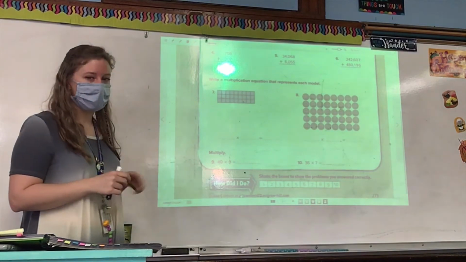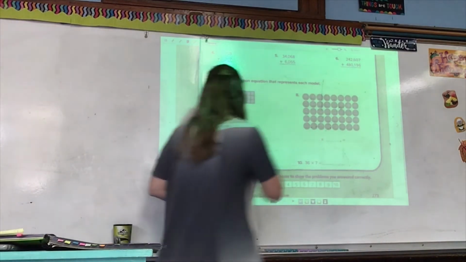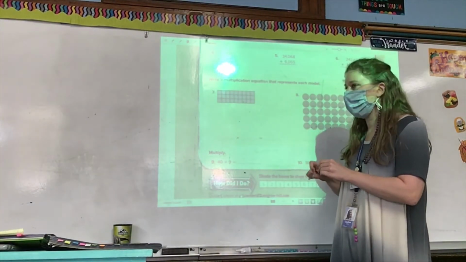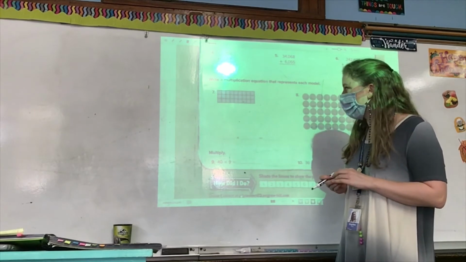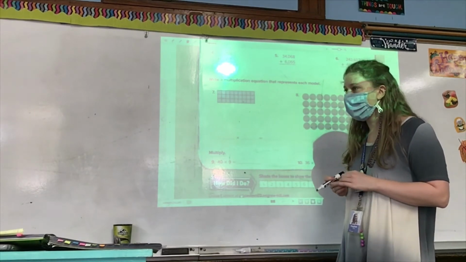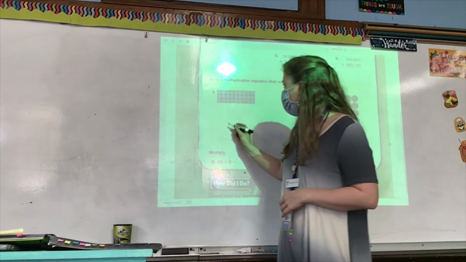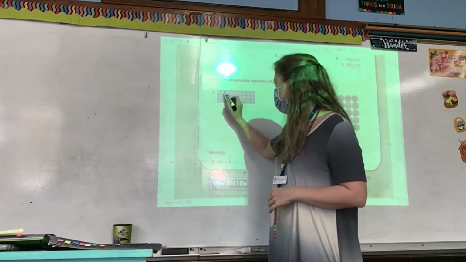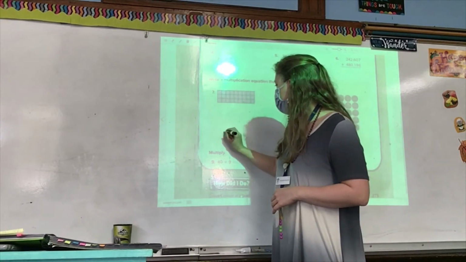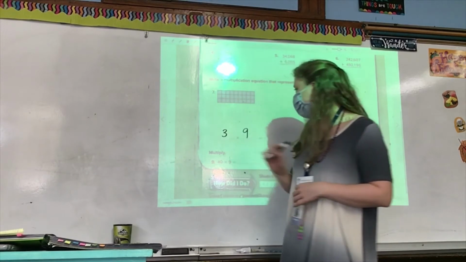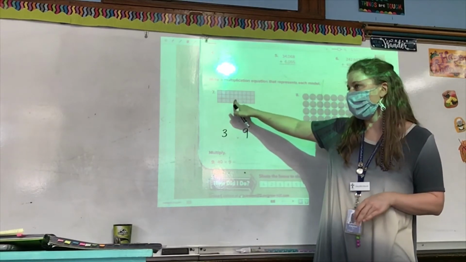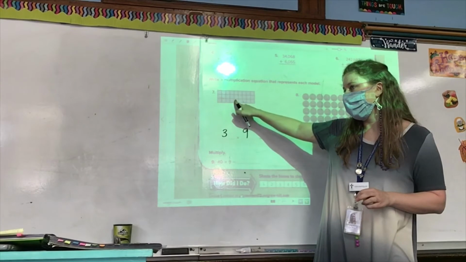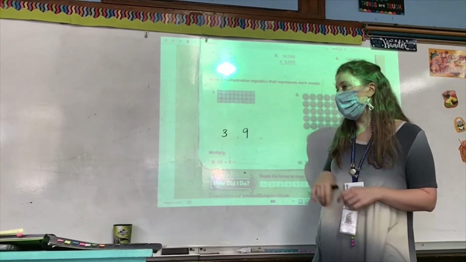Rows and columns. Very good. Okay, Aaron, number 7. We have a grid array. What does our equation look like? 3 times 9, because there are 3 what? Remember, how do you plant bushes?